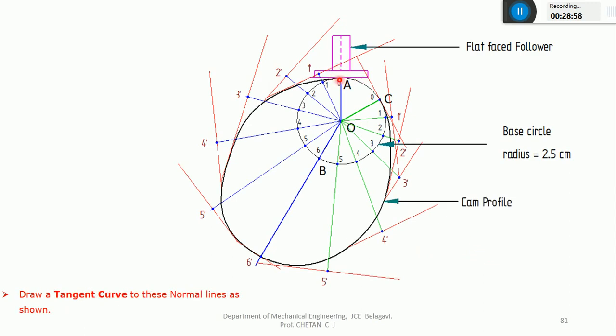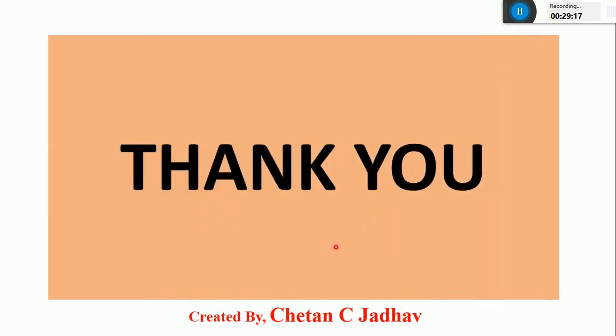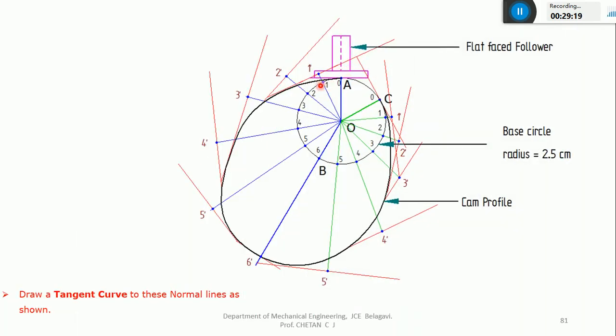You can see this curve is tangent to the first perpendicular line, second, third, fourth, fifth, sixth, up to this last one. The curve has to touch and be tangent to all these perpendicular lines. So this is nothing but your cam profile. Okay, so this is the final cam profile.